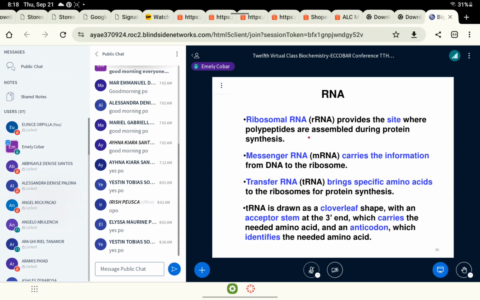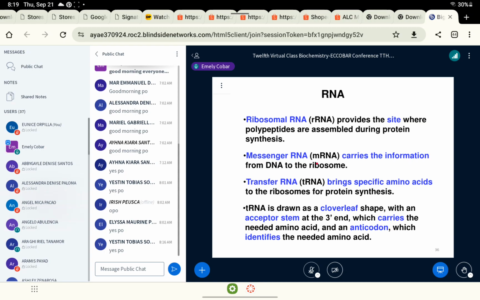What is ribosomal RNA? Yung mga ribosomes na nandoon sa cytoplasm, yun ang site ng protein synthesis. So ribosomal RNA provides the site where polypeptides are assembled during protein synthesis. The messenger RNA carries the information from DNA to the ribosome. Meaning to say, the mRNA is the one that is synthesized in the nucleus, wherein the information in DNA is transferred to RNA.